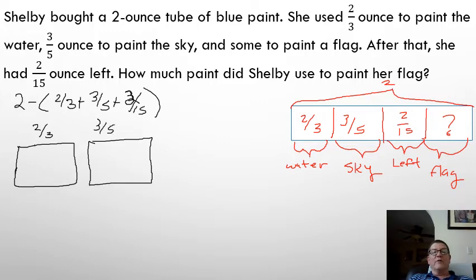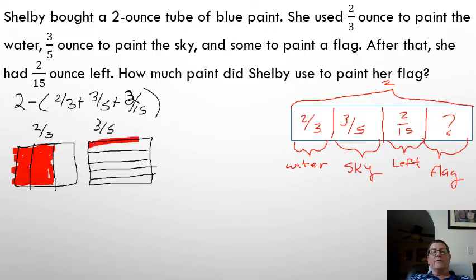So here we're going to split them into thirds. This way we're going to split them into fifths. Now we're going to do our shading. 2/3. This is 3/5.